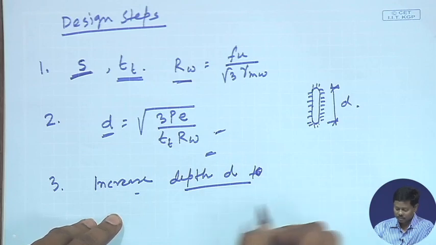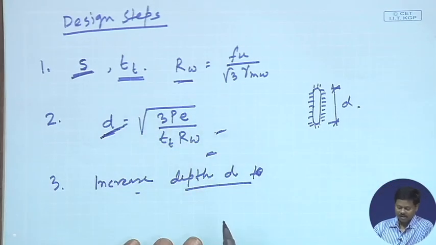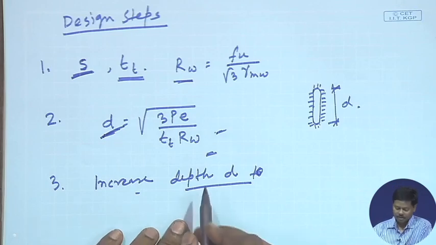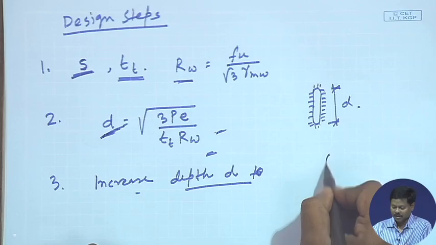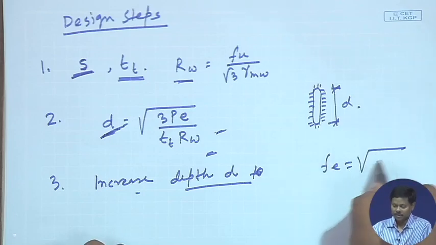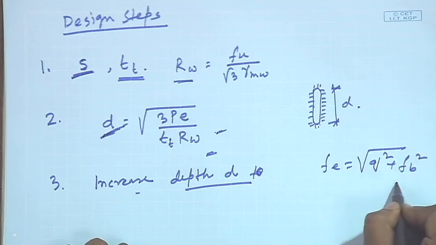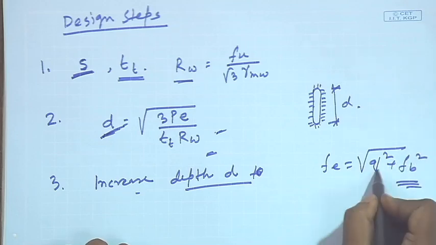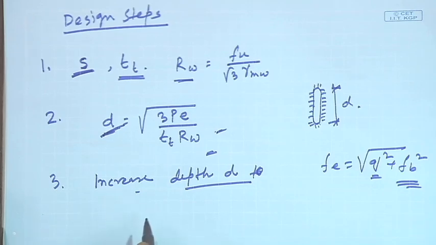So, whatever depth is coming, we will increase it by a certain amount, so that the shear stress also can be accommodated, because the equivalent stress Fe will be simply the square root of q square plus Fb square. Now, on the basis of Fb if we do, then q also has to be taken care of. Therefore, we are increasing depth to accommodate both the stresses.